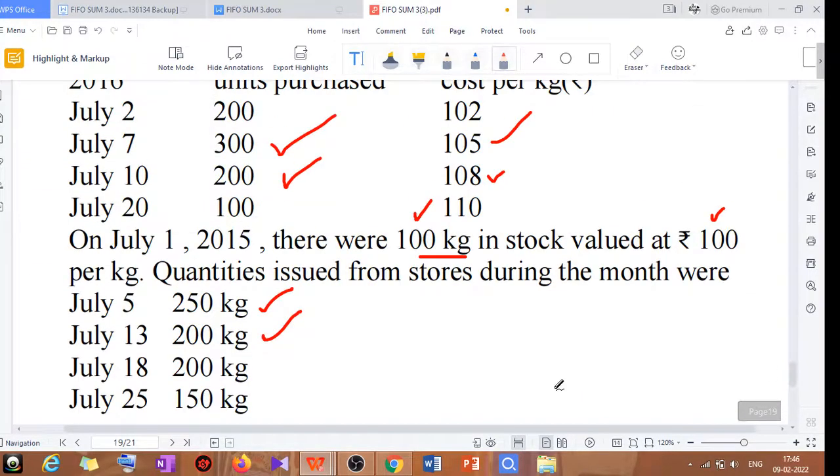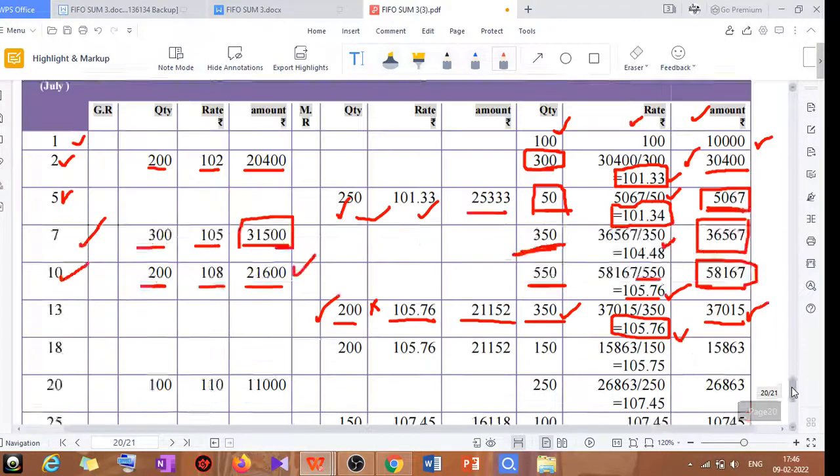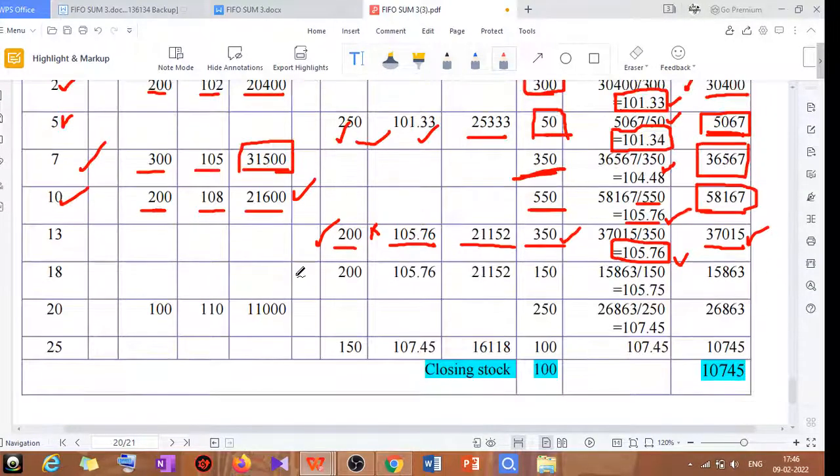Next, on 18th, there is an issue of 200 kg. Write it under issue column. Now what about the price? So the price you have calculated here, that is 105.76. The same price will be taken here. Okay, then 200 into 105.76, you will get 21,152.